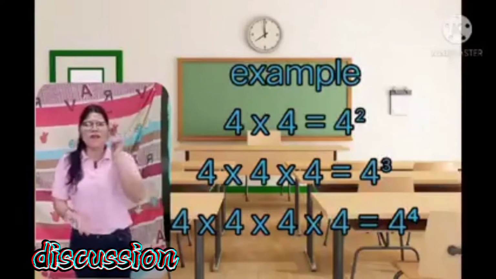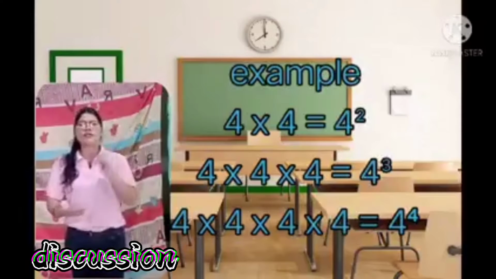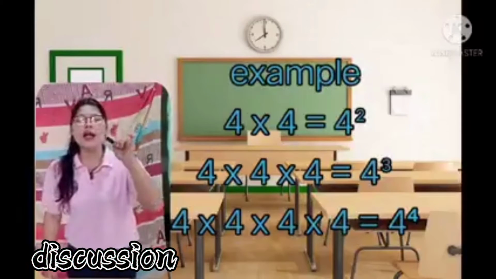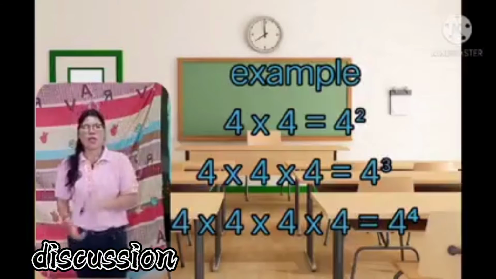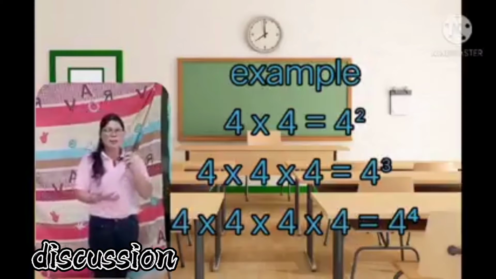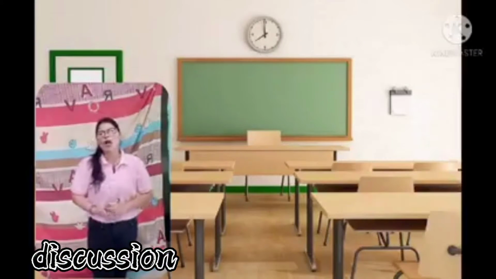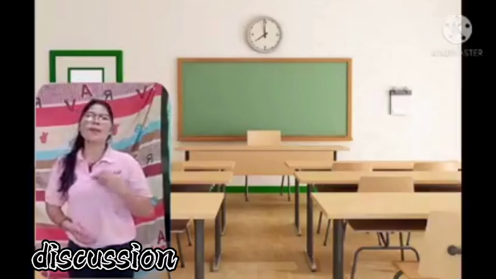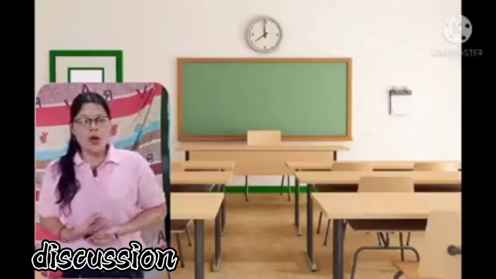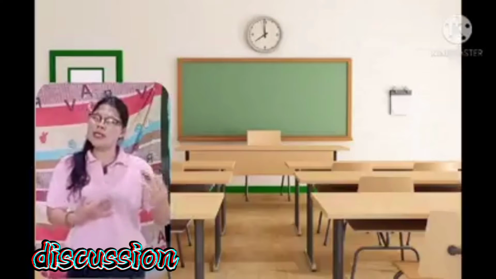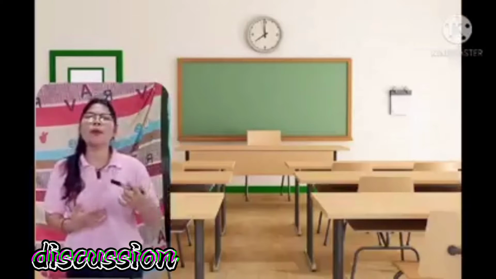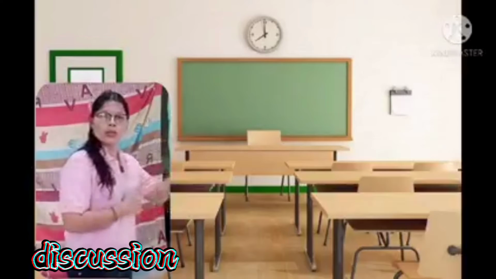Another example, 4 times 4 times 4 equals 4 to the exponent of 3. Exponents or powers are used to simplify how many times we are going to multiply the number.